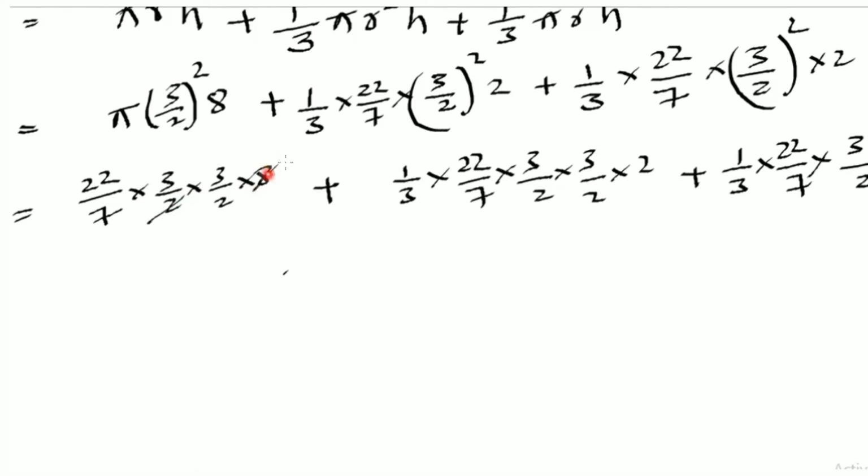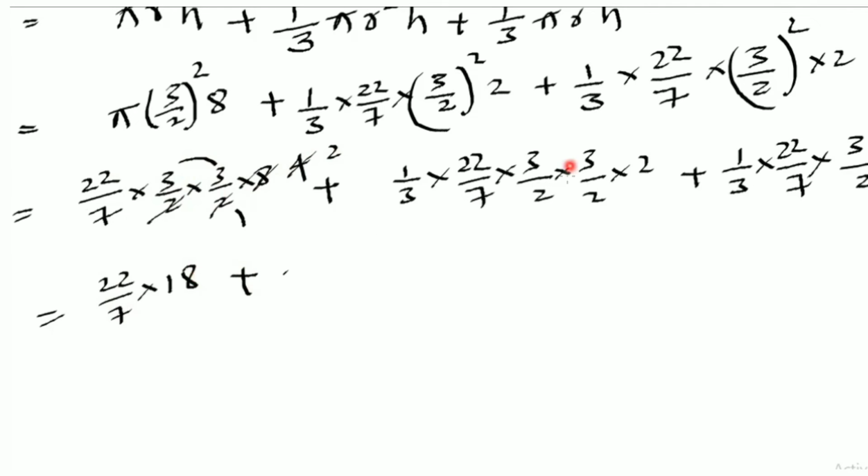2 ones are 2, 2 fours are 8, 2 twos are 4. So 22 by 7 into 3 threes are 9, 9 twos are 18.